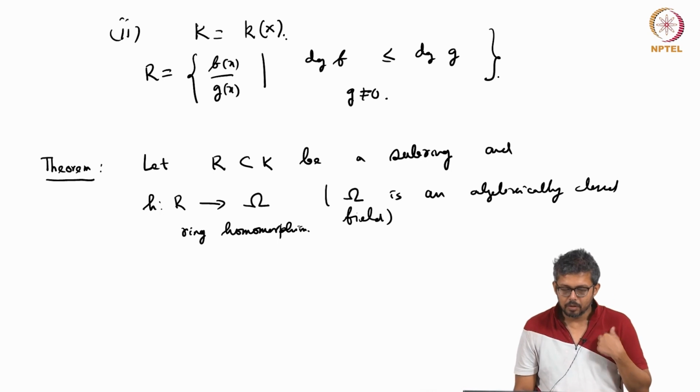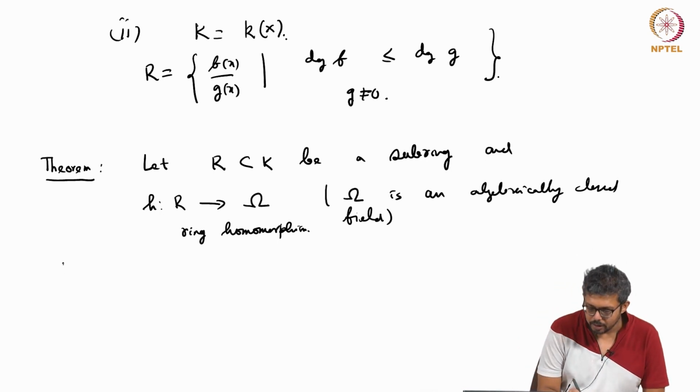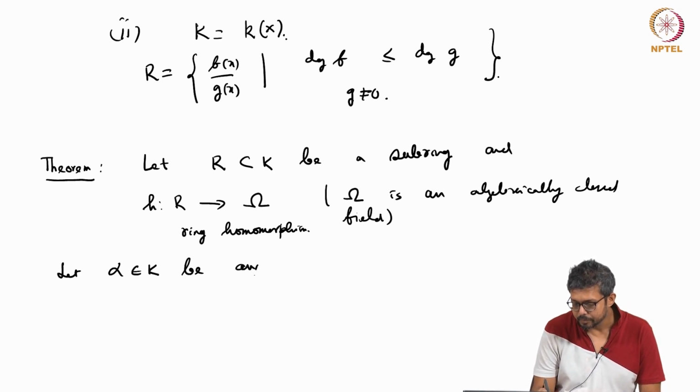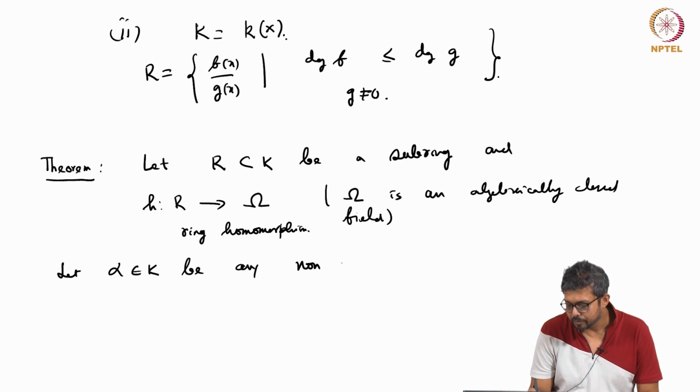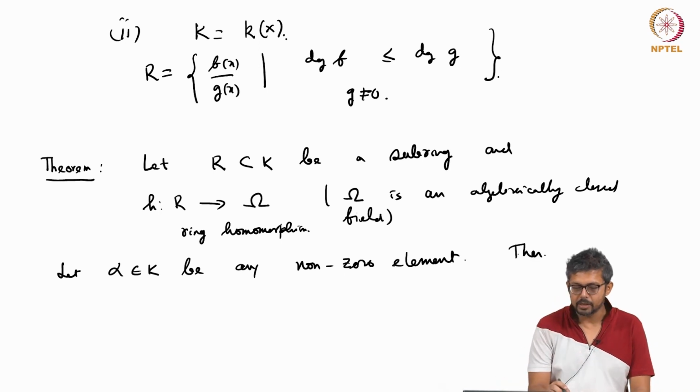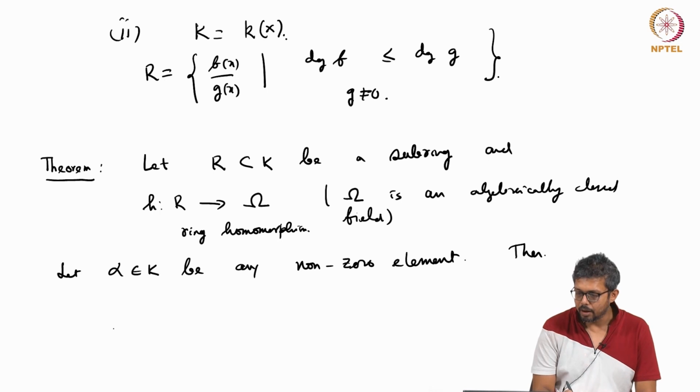Now suppose alpha is a non-zero element. Then this h can be extended to the ring R[alpha].